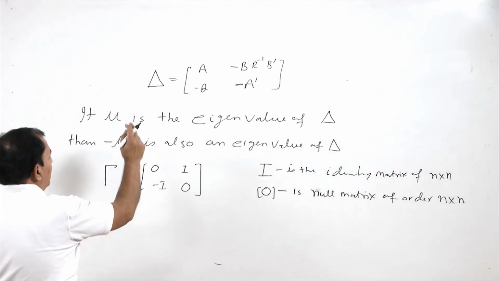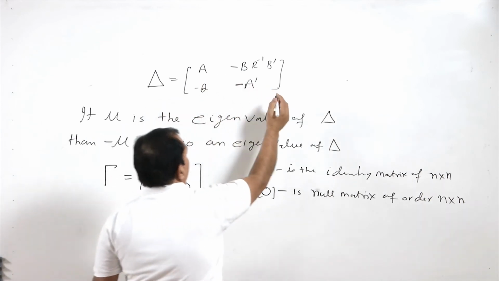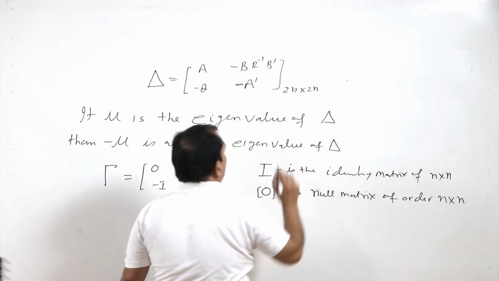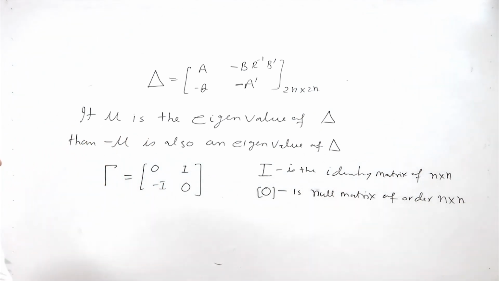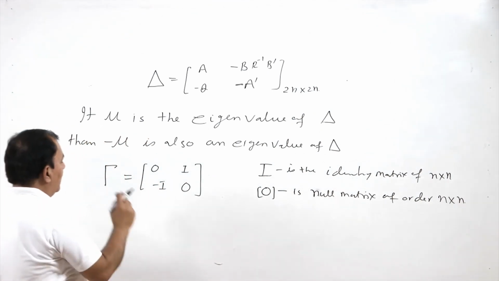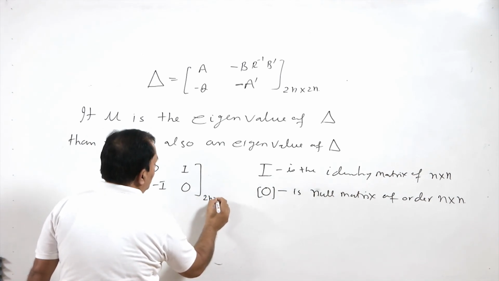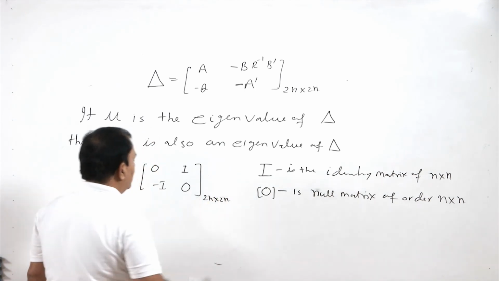Because my Hamiltonian matrix is a 2n cross 2n matrix, where n is the order of my system, we also consider this transformation matrix as 2n cross 2n.